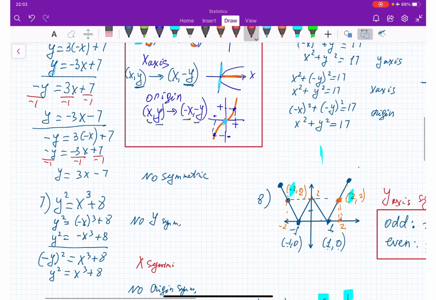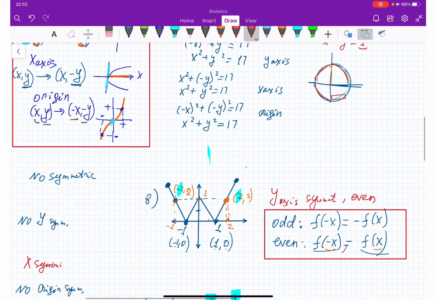Why? Because the y is going to be the same. See, here we have f of x, f here plus, here also plus. Only x is different, yes? Okay, that's what even means.